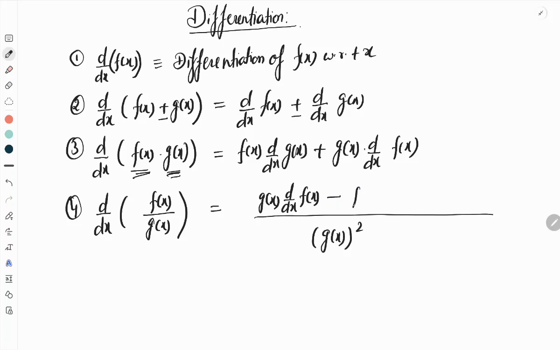Now the first function f(x) outside and dy/dx of g(x). First function I am saying this one, second this one. So its differentiation is this one.